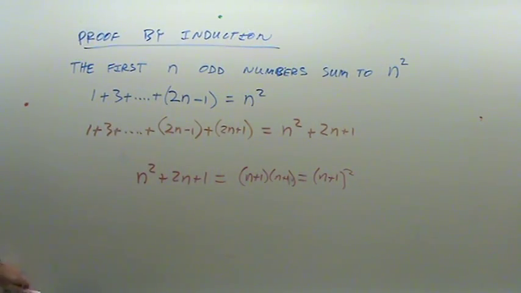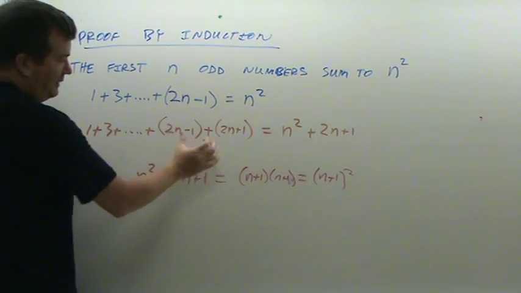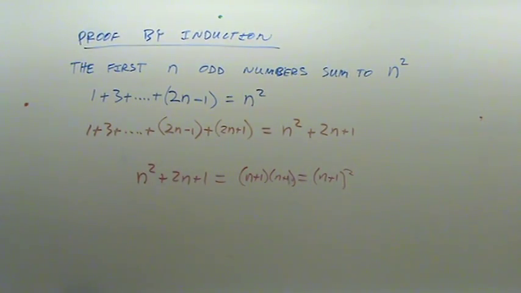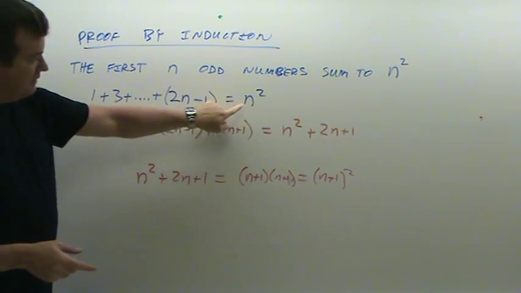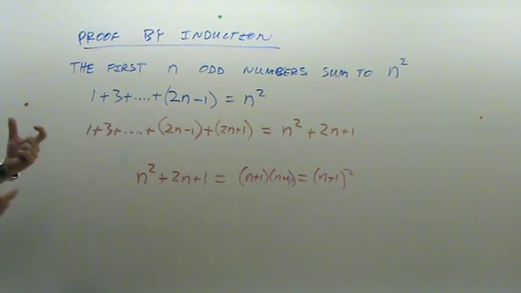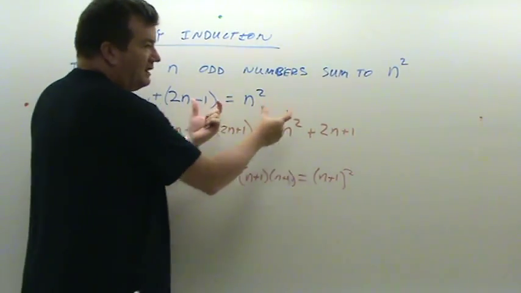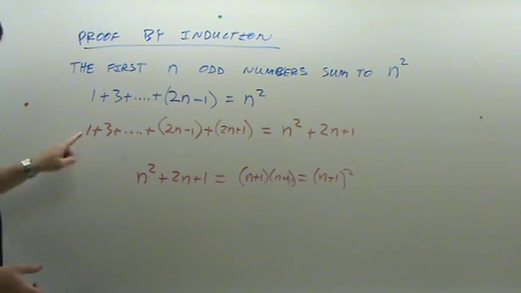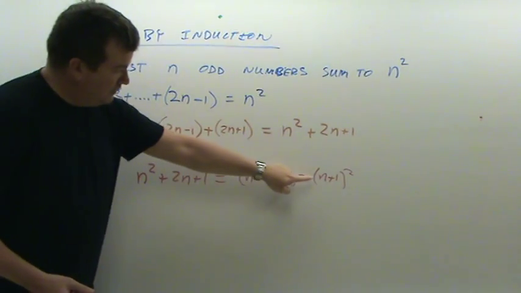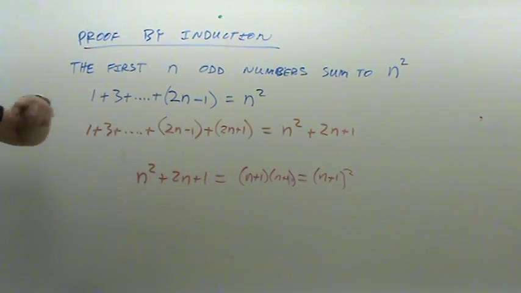So it looks like if we used any number n, and considered this original statement, that all these numbers sum to n squared, and then asked what would happen if we added just the next number to both sides, we would get the new pattern equal to n plus 1 squared, and that shows it's true for every number.